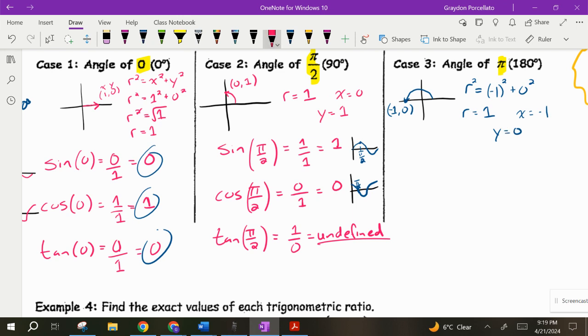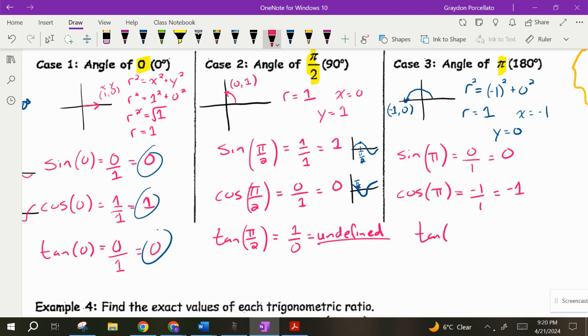And we're finding these trig ratios. So your sine of pi, again, you can type that into your calculator, is going to be 0 over 1, which is 0. The cos of pi is going to be equal to -1 over 1, which is -1.